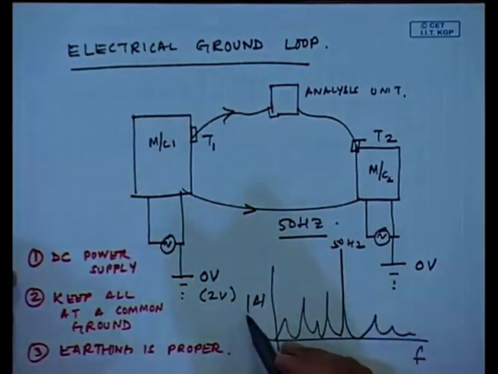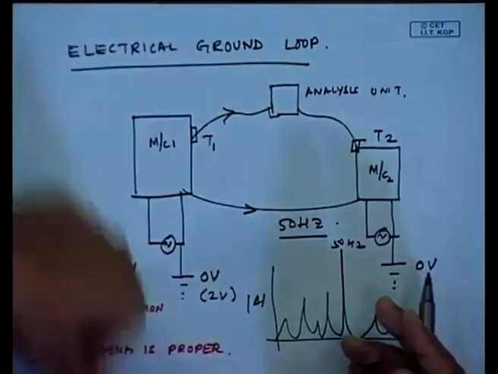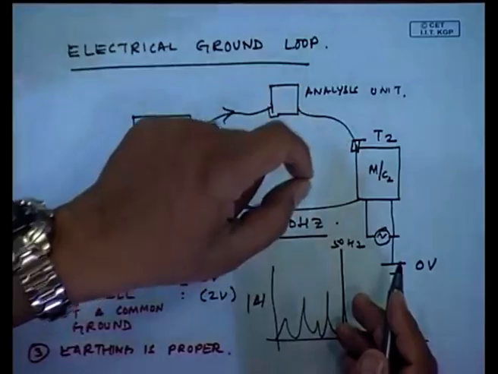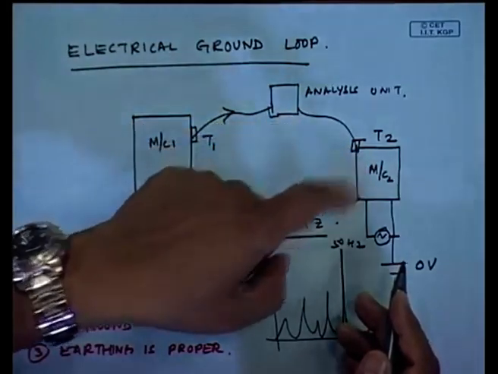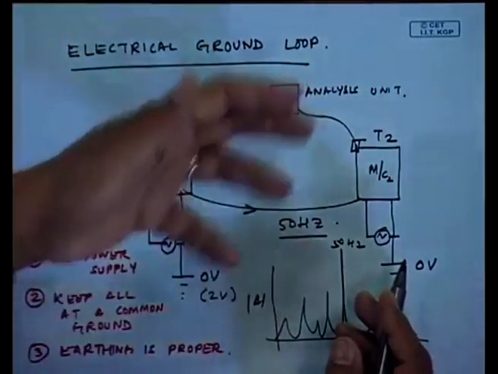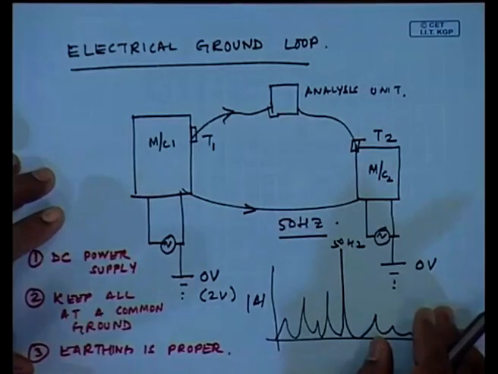Sometimes I have seen earthing voltages of 10 volts in a very poor earth, and this is responsible for it, because these signal carrying cables are actually metal conductors. So, there is a path for the electrons to flow and they get buried in the signal which is being captured by the transducer. Okay.